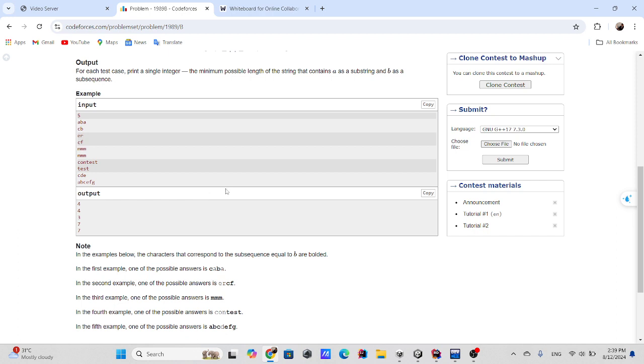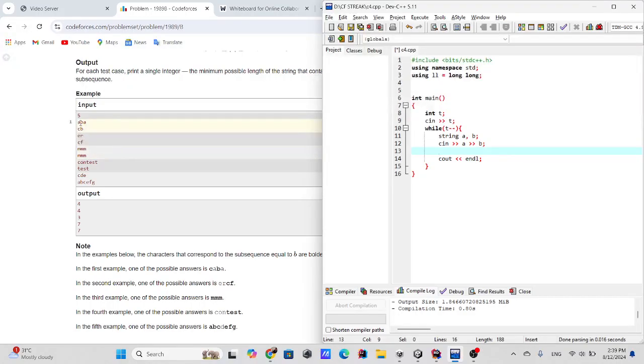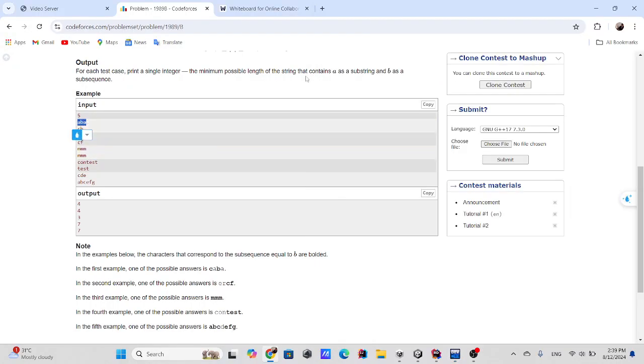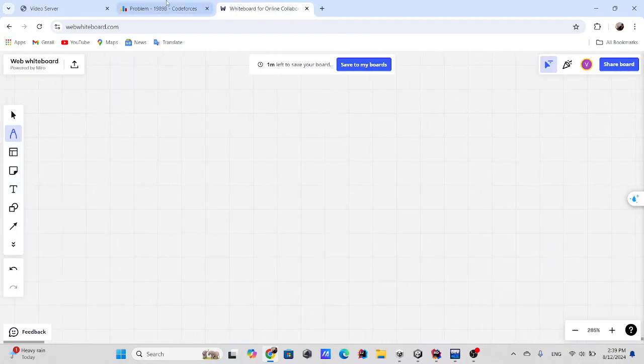ERCF. Okay, I understand it now. So A will be the substring and B is the subsequence. Understandable.